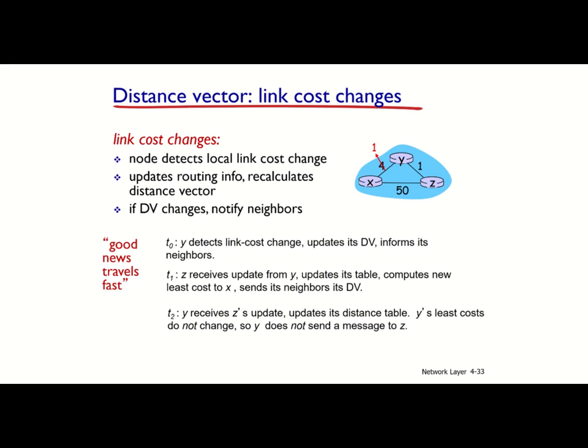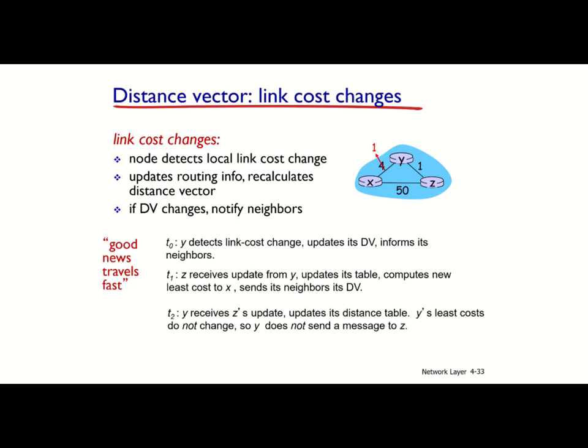And again, y receives the new z's distance vector, and y looks at the cost and sees that there's no change, so y doesn't send a message back to z because its own distance vector doesn't change.